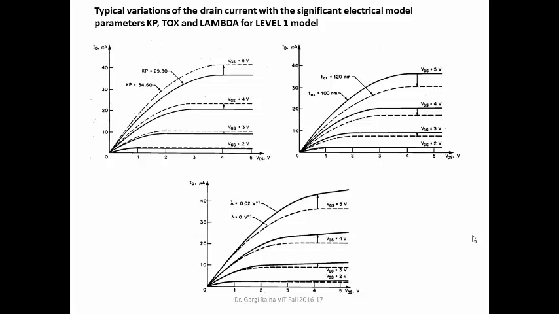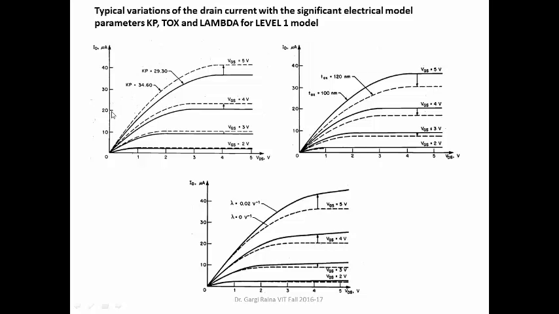Also, these are similarly the typical variations of the drain current with the electrical model parameters like transconductance, TOX and lambda for the level 1 model.